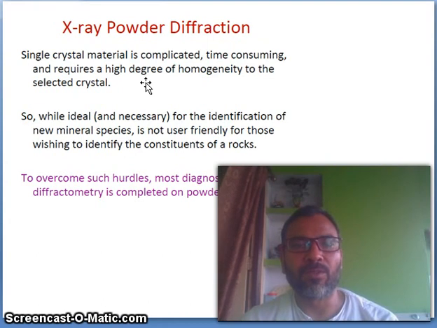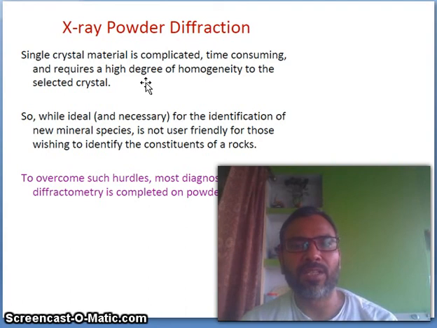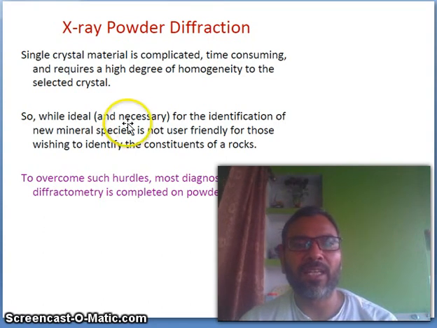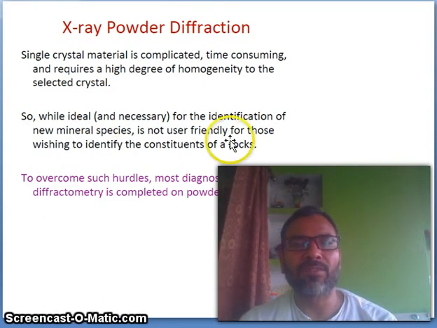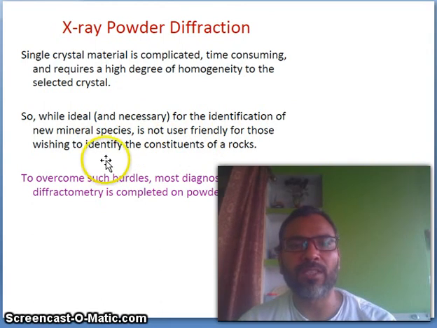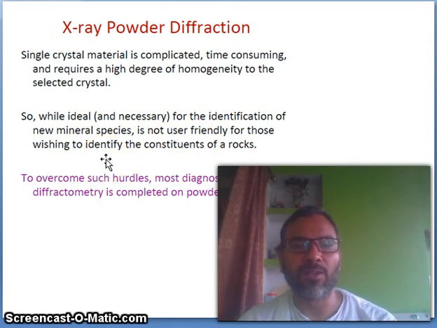People who have high experience select good crystals under a microscope, and they know which crystal is good and which is bad. While ideal and necessary for the identification of new mineral species, it is not user friendly for those wishing to identify the constituents of a rock.